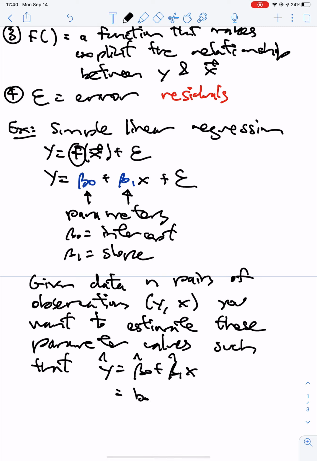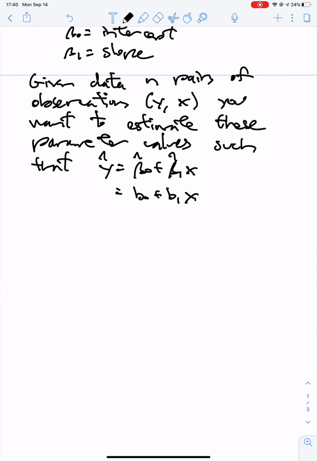Sometimes this is b0 plus b1 times x. This is what you're doing in a regression.